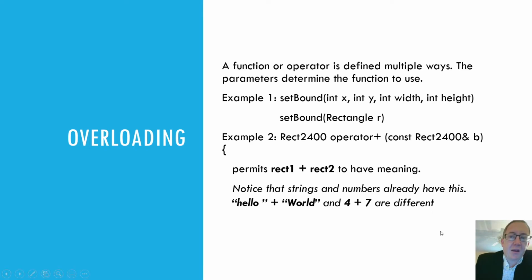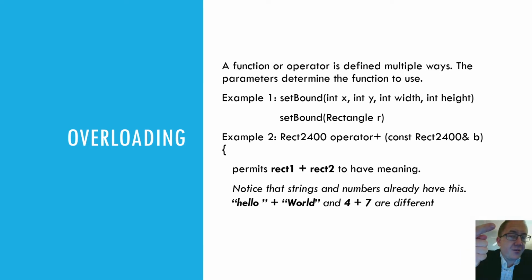Okay, so here's overloading. If I have a rectangle class and I have a function called setBound, in fact, we have a function called setBound for our shapes. You can either take in an x, a y, a width, and height, coordinates, or you could just pass it in a rectangle. I would have two different definitions of setBound. They're completely different. They look different, you write the function twice.